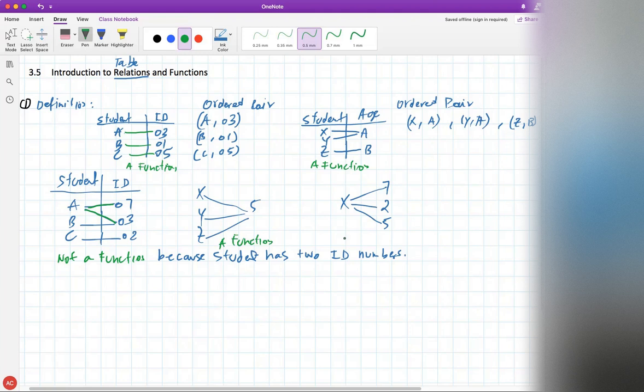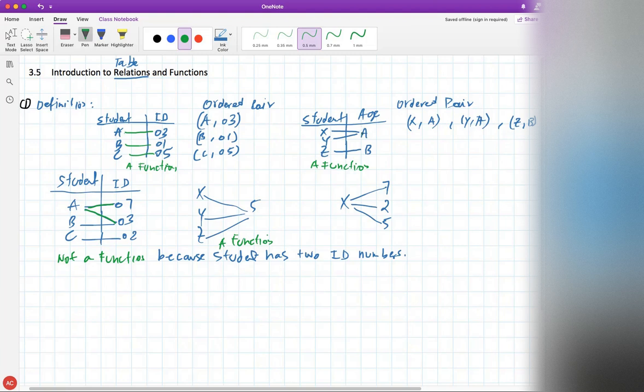Different students can have a similar ID, but one student can have exactly one ID. Different students can have something that might be shared. For example, two students here, X and Y, they have something that can be shared, for example, age.